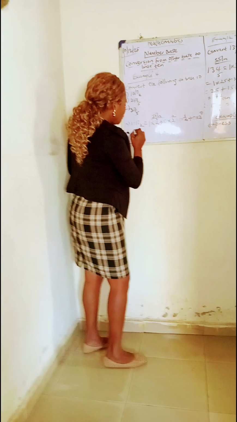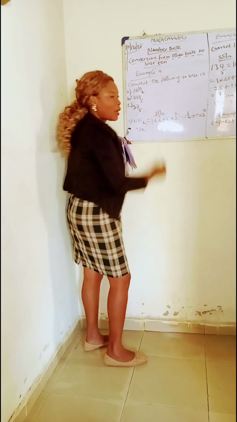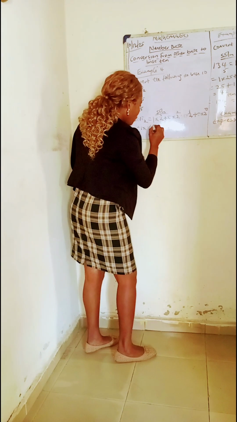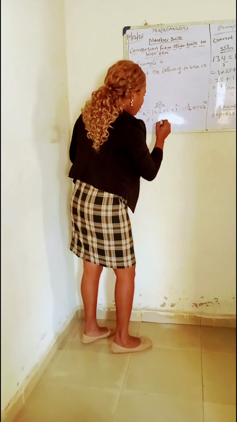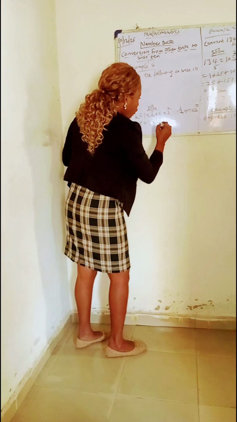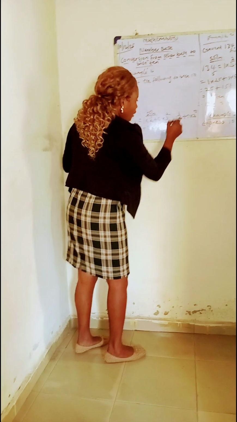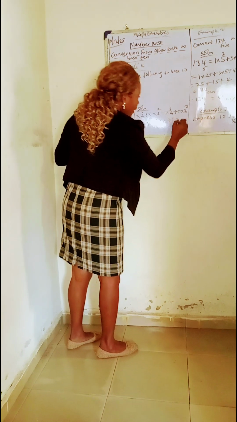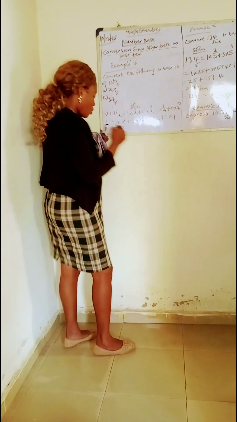So we now solve. 1 times 2 raised to power 3 will give us 8. Plus 0 times 2 raised to power 2 will give us 4. Plus 1 times 2 raised to power 1 will give us 2. Plus 0 times anything raised to power 0 will give us 1.